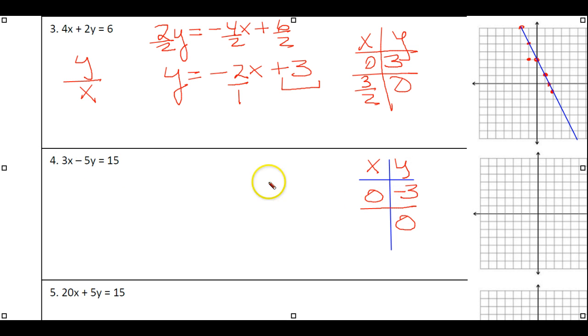And if y is 0, this will be a positive 5. So a negative 3, 1, 2, 3, and then 5. 1, 2, 3, 4, 5. Take my line, and there we go. Again, MATLAB graphs very well.